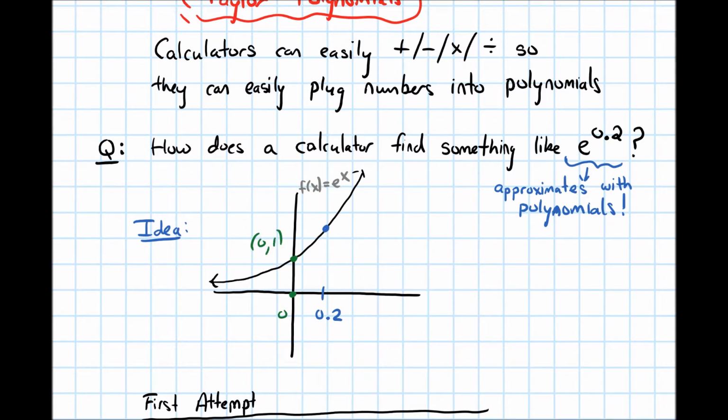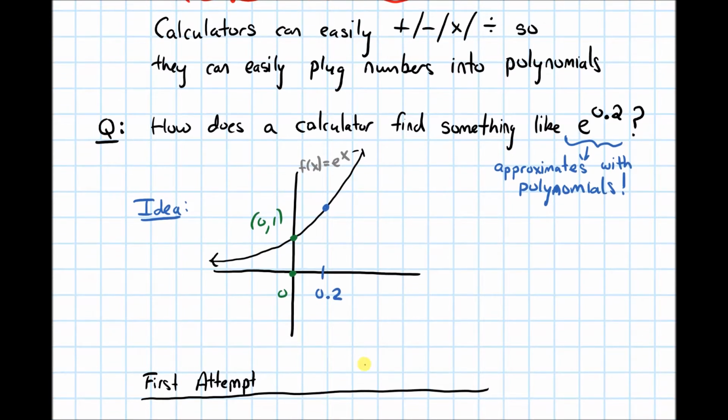So one thing I could do if I want to approximate the value at 0.2 is I could do this in the Math 11 way, which is the equivalent of calculus AB. So this would be the first course that we would take in calculus.